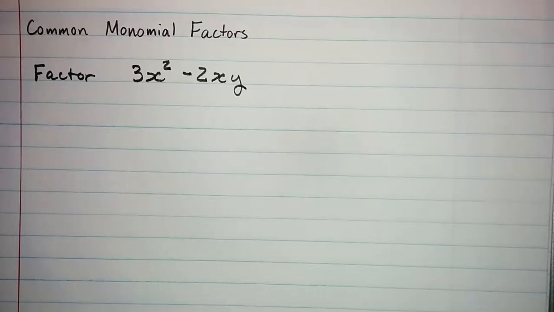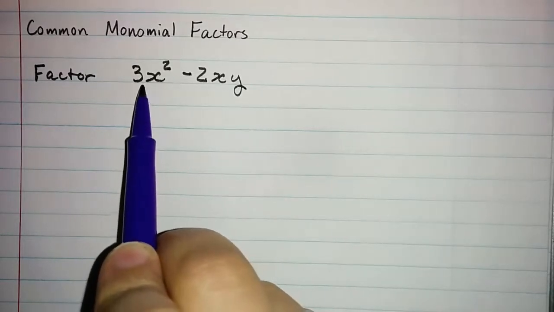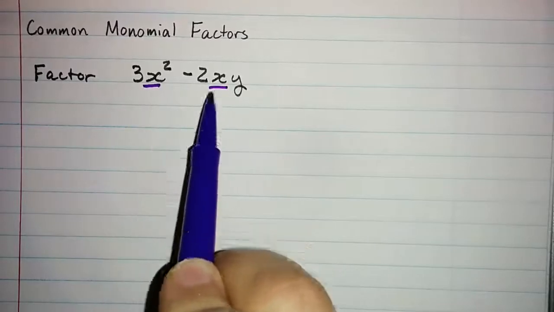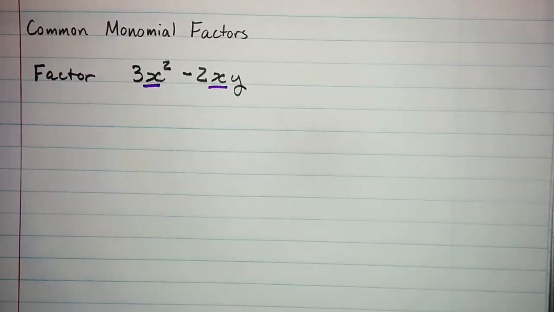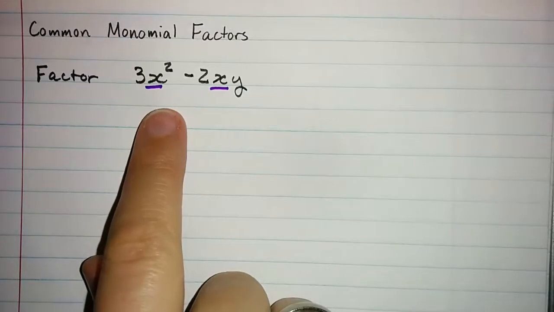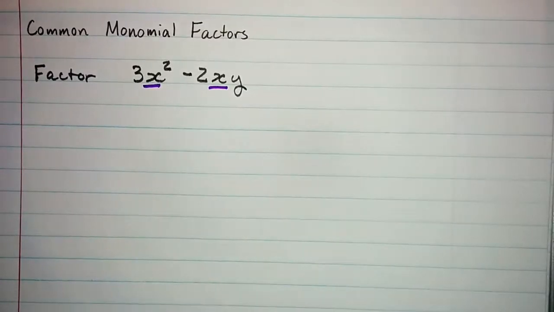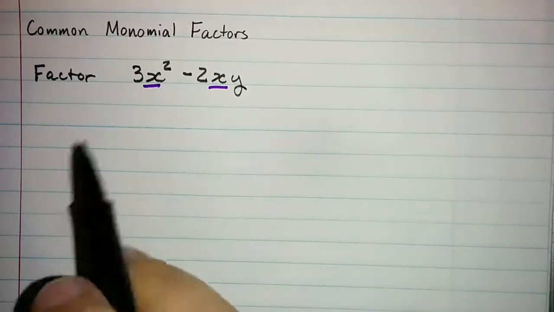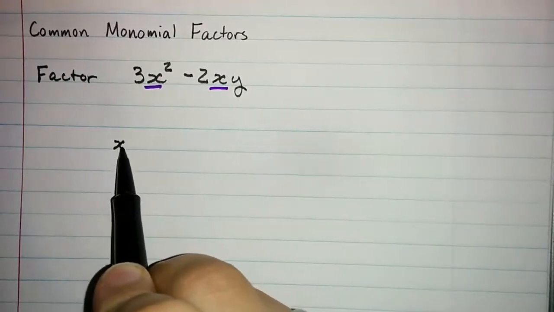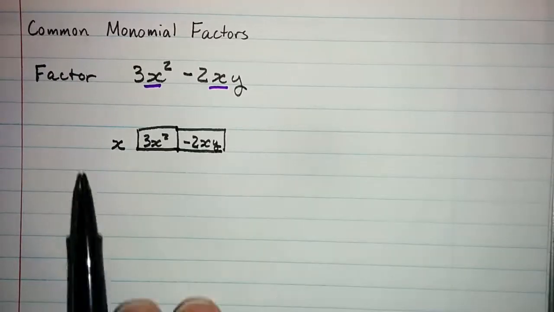What we notice looking at this is that x appears in both terms. What does that tell us? That tells us that this polynomial is divisible by x. Divisible? Yeah, I really mean divide. We can divide this by the monomial x. What do we get?